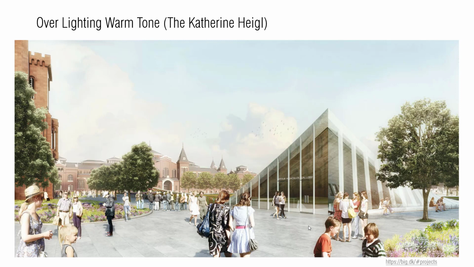Another style, architects call it the Katherine Hegel style. I don't know what Katherine Hegel means or who she is, but this style is usually using an overlighting, warm tone. You can see that the rendering feels romantic, right? They use high saturation of colors, bright colors, overlighting, a lot of background characteristics, background details.